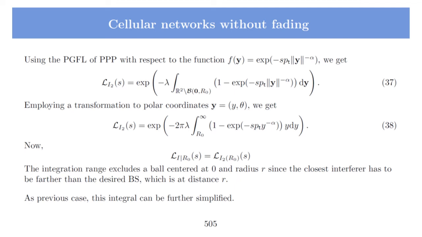Okay, same, the exclusion ball is coming in the limits because of the indicator, and there is no expectation with respect to h, so only the exponential minus term is here. Okay, you can convert it to polar coordinates and compute the Laplace transform. There is some difference because there is no fading h term, so there is no 1 upon 1 plus h terms. The limit is again from r0 to infinity, which is the same as the previous case.